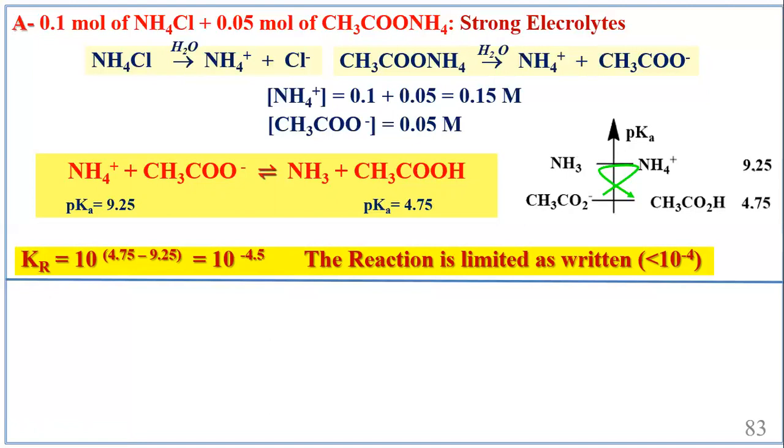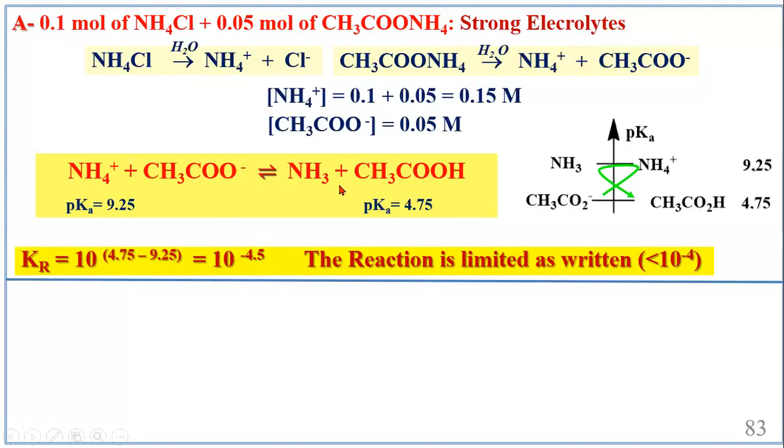Nonetheless, if they ask you for the pH of this system, if I was asked for the pH of this mixture, even if this reaction hardly proceeds, it's very much limited in the forward direction.